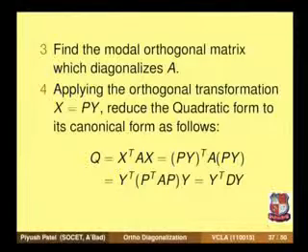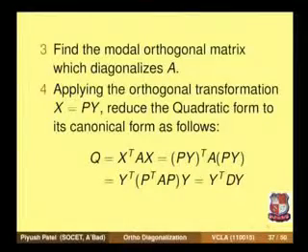So we will now have the modal matrix P that will diagonalize the matrix A. Now, using this modal matrix P, we apply the orthogonal transformation, say x equals Py, on the given quadratic form. We carry out this operation as follows.